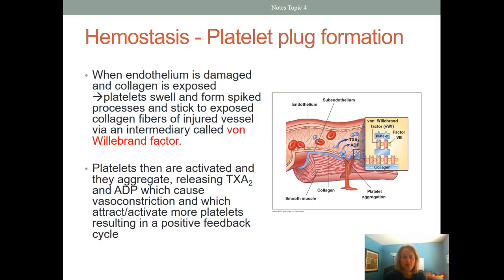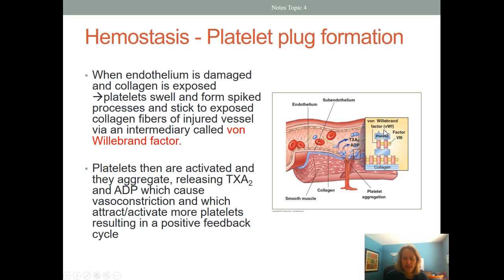The next step is the formation of the platelet plug. So when this endothelium is damaged, the platelets start to swell and form spiky processes, and then they stick to the collagen of the injured blood vessels by an intermediate called von Willebrand factor.